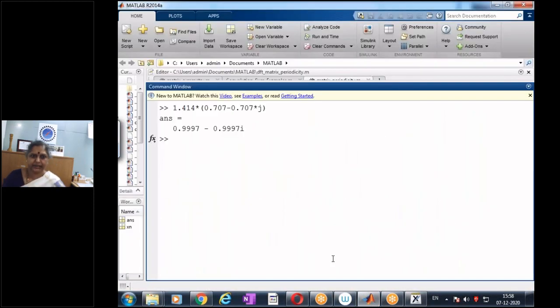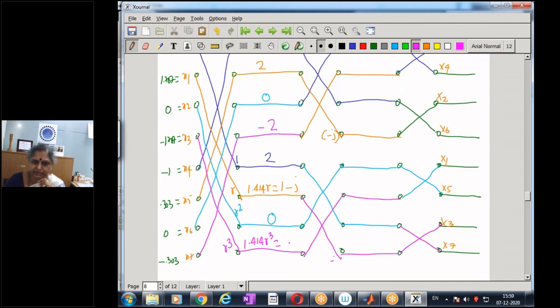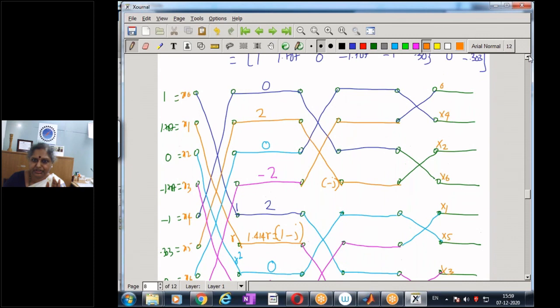Let us see how much is that. 1.414 into gamma cube is minus 1 minus j. And this is minus 1. So now this completes our first stage computation.